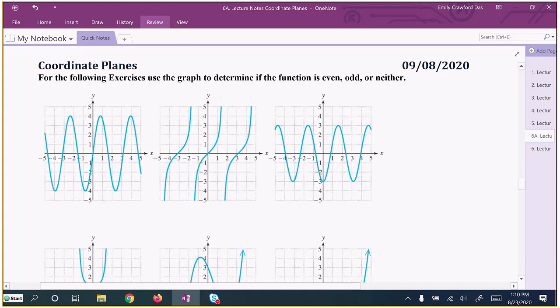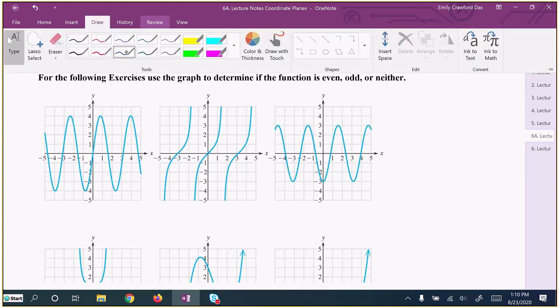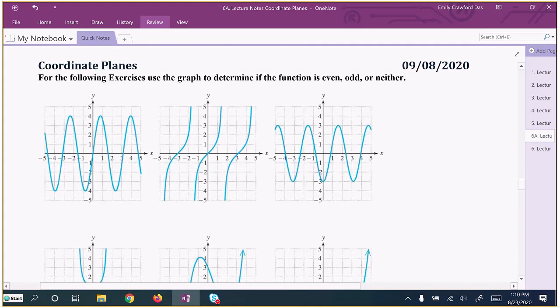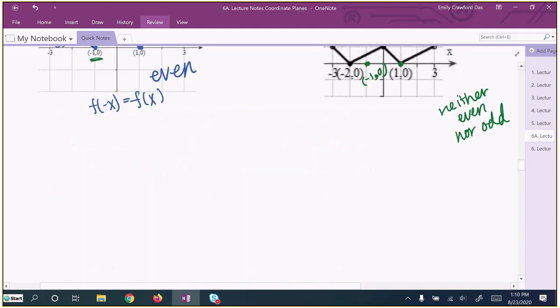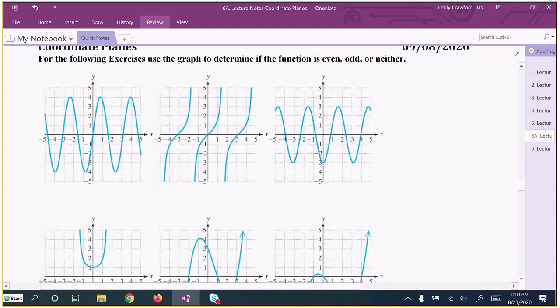So let's look at this first example. If I want to claim that my graph is even, then I know that for any point (x, y), let's say this is (x, y), I need to be able to find (-x, y).